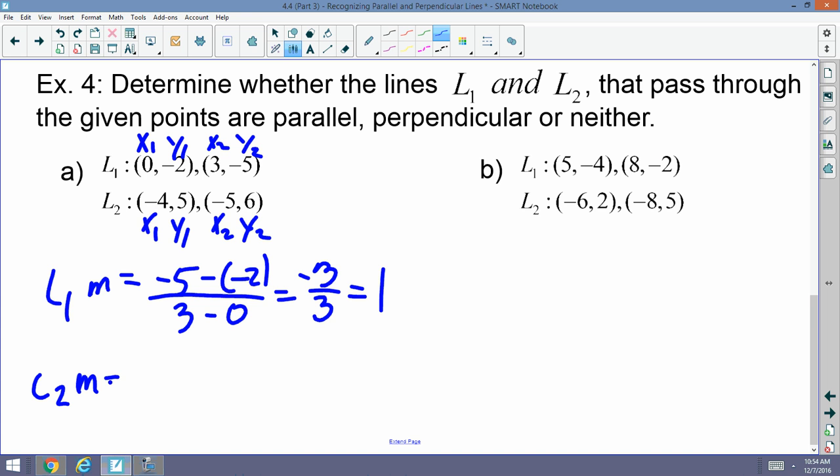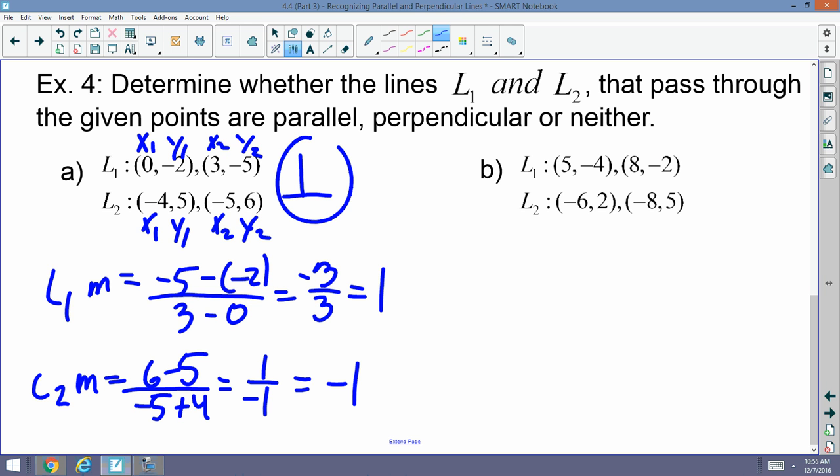Line 2 slope is 6 minus 5 over negative 5 plus 4, which is 1 over negative 1, which is negative 1. So are these guys parallel, perpendicular, or neither? Perpendicular. Yeah, 1 and negative 1 are negative reciprocals.